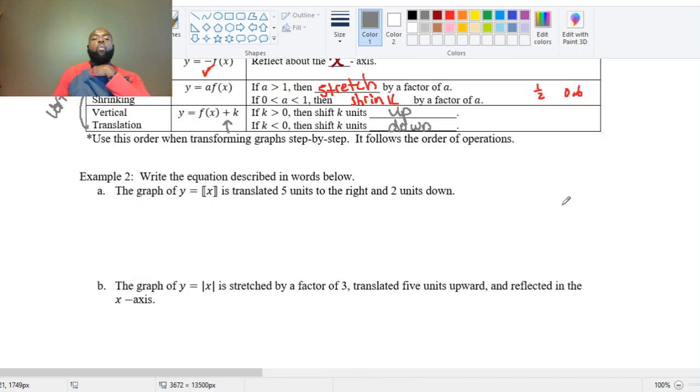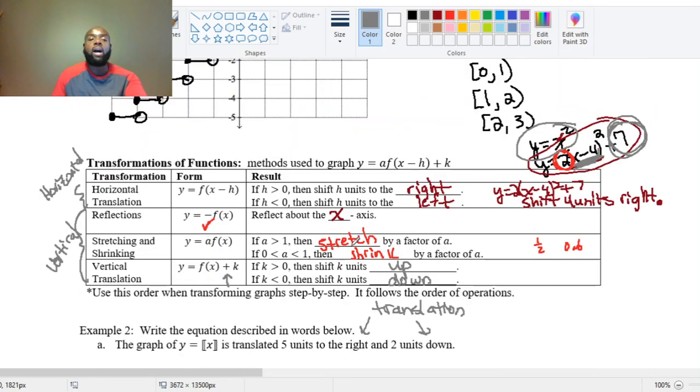It says the graph of y equals the greatest integer less than or equal to x is translated 5 units to the right and 2 units down, right? Well, when I move something right and down, those are both translations, right? So that's the translation and that's the translation. When I move something to the right, that's a horizontal translation and it's going to show up in this form right here.